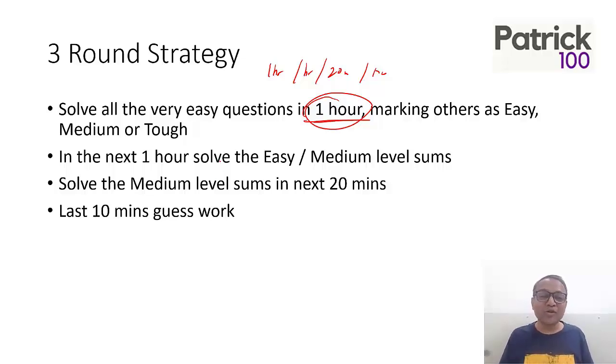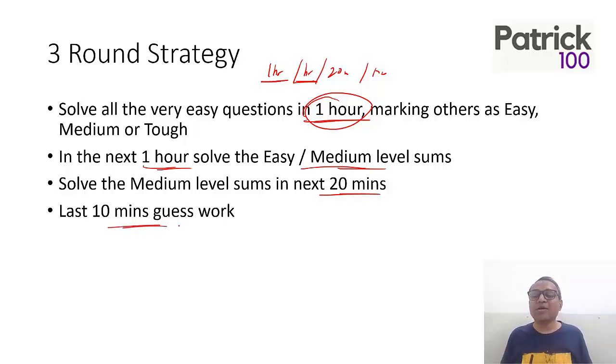You should know this beforehand so you don't keep searching for which types of questions to do. Then in the next hour you solve the remaining easy or medium level sums, which may take a little more time. So identify the questions you solve in the first hour and in the second hour. It ensures that you get all the easy ones in the bag, then the tougher ones in the next 20 minutes, and the last 10 minutes for guesswork on whatever is remaining.